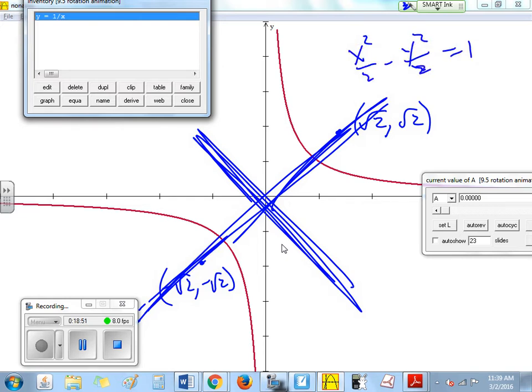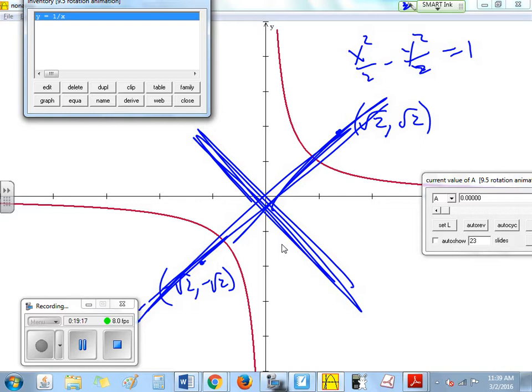And the a and b values are both root 2. The a squared is 2. The b squared is 2. Now I'm using the tilted axes now. I'm not using the black axes, I'm using the blue axes. But if you tilt your head and you tilt the axes to match the hyperbola, it's this hyperbola using the new axes.